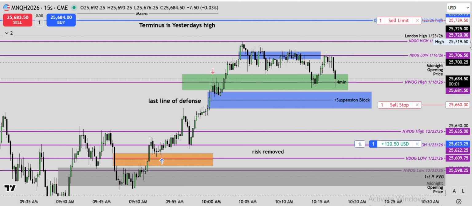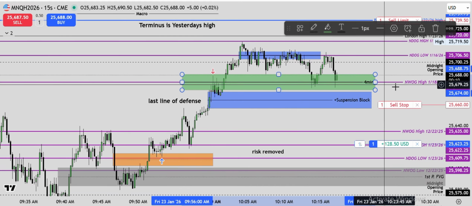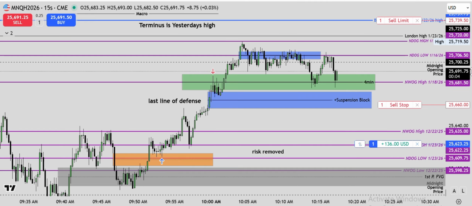That right there, this is a really cool part of the video. We tap into, it's going to happen in a little bit, that suspension block, and then we move right up from there. I'm pretty sure we tapped into that suspension block. And that just shows algorithmic trading.